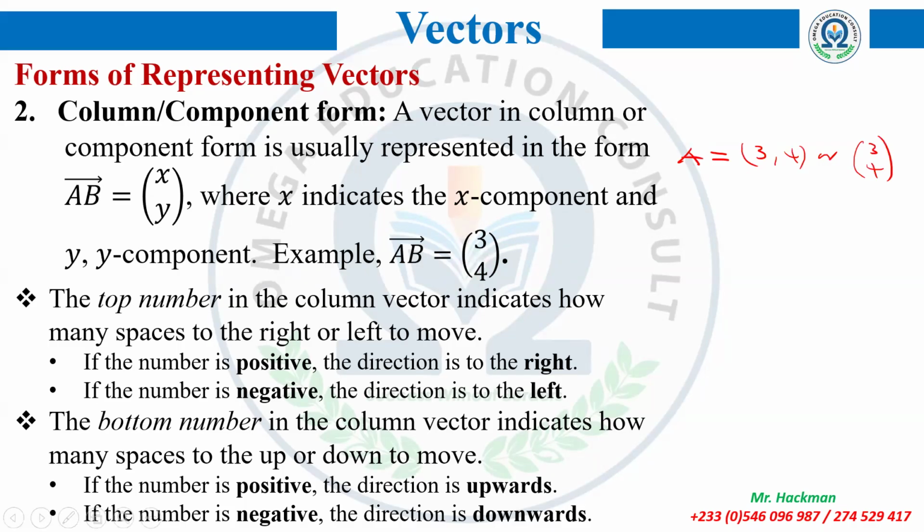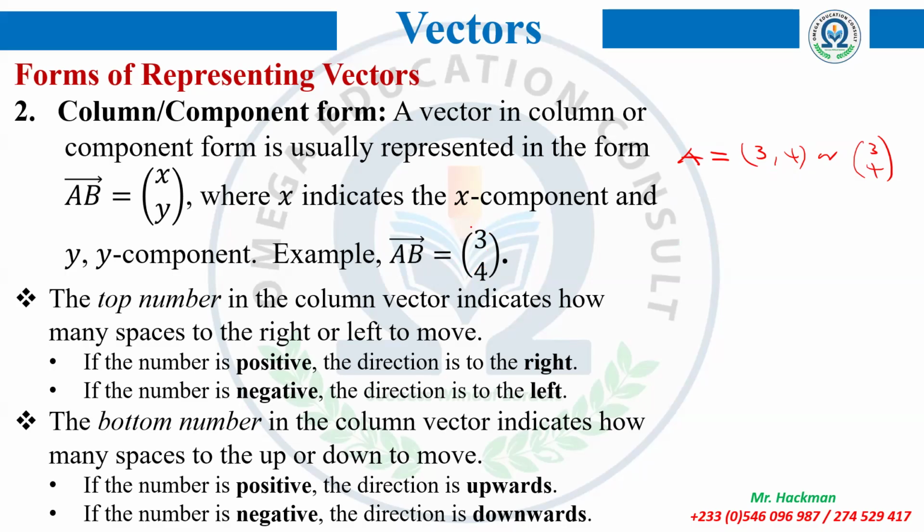If you are talking of points, the entries here are called coordinates. However, if you are talking of vectors, the name will change and it will be components. So in terms of points, this will be the x coordinate, y coordinate, but in terms of vectors, this becomes x component, y component. I guess my point is well made.